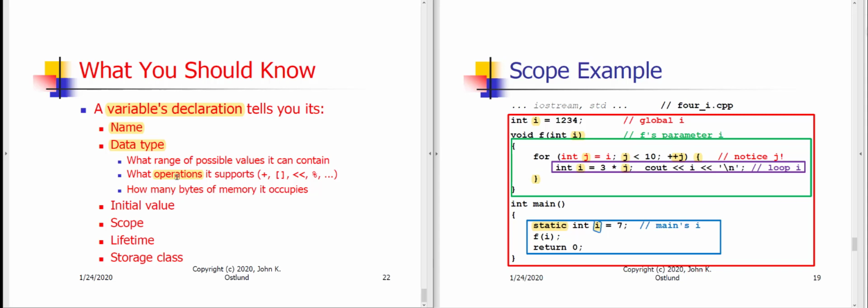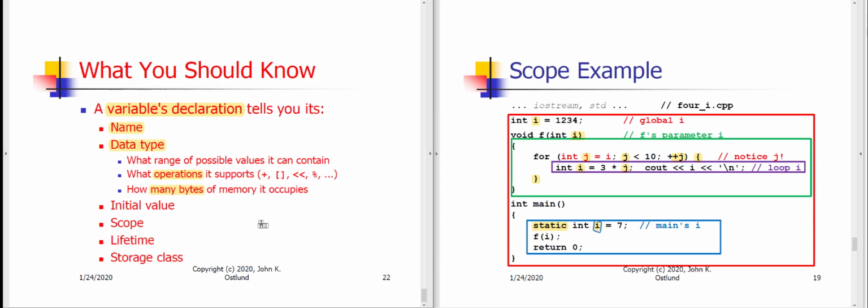I can't put an asterisk in front of I and try to treat I as a pointer though. All right, so I have this raft of available possible operations. Some of them are available to me for an int, and others are not. I also know, or at least I should know, roughly speaking, how many bytes of memory the object occupies.